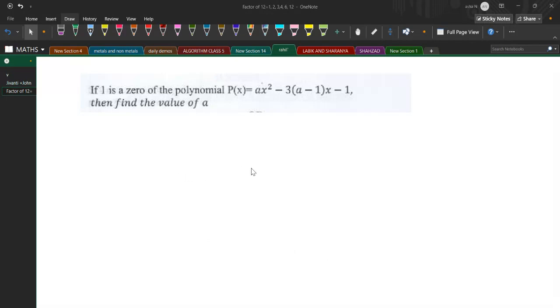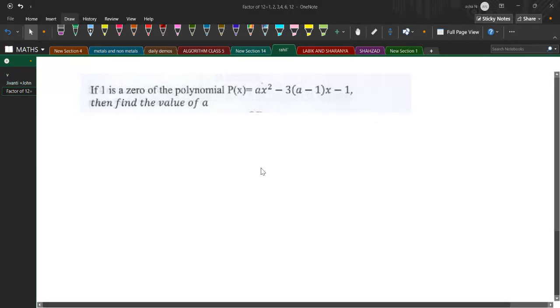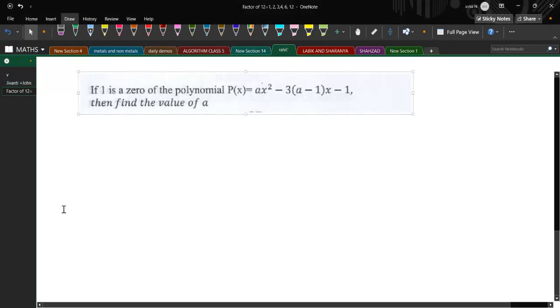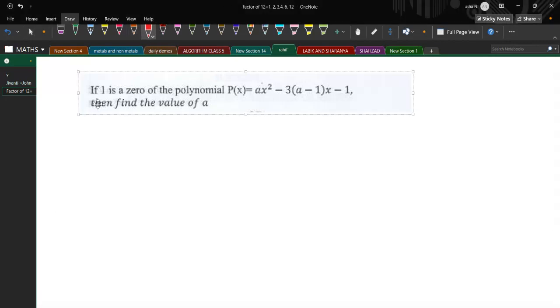So if you remember anything, ax square minus 3(a minus 1)x minus 1. So what will be the value of a here? We have to find out the value of a. See, they have given us in the question that 1 is the zero of the polynomial.